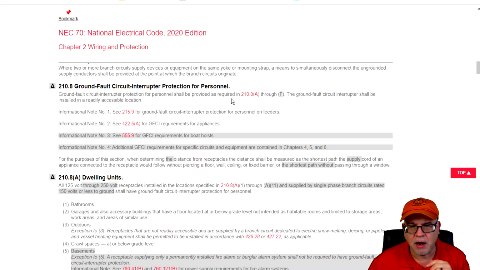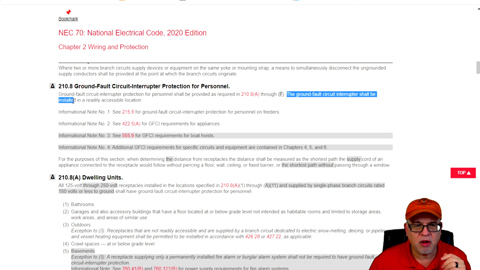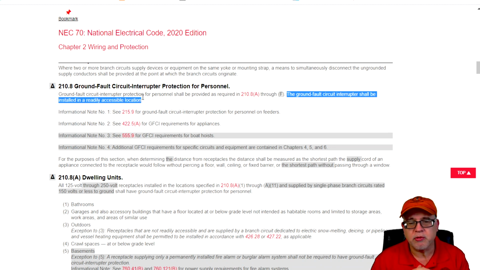Anyway, it says the ground fault circuit interrupter shall be installed in a readily accessible location. Where this rule requires a GFCI device, it has to be in a readily accessible location, which is a big difference from just an accessible location. Accessible means you can get to it and nothing is really obstructing it. We have definitions for all this.